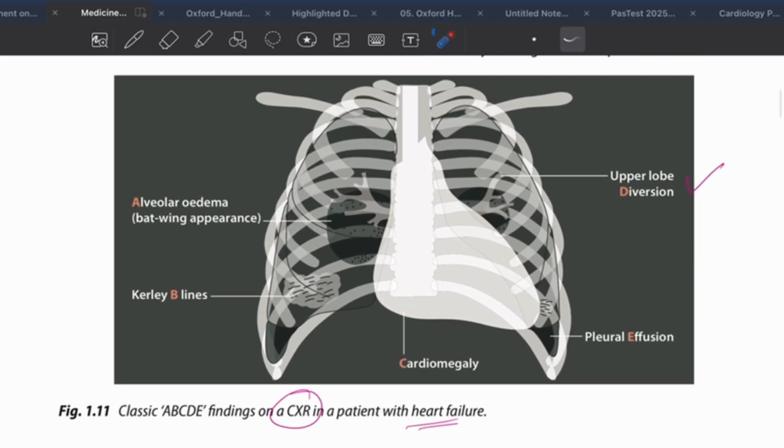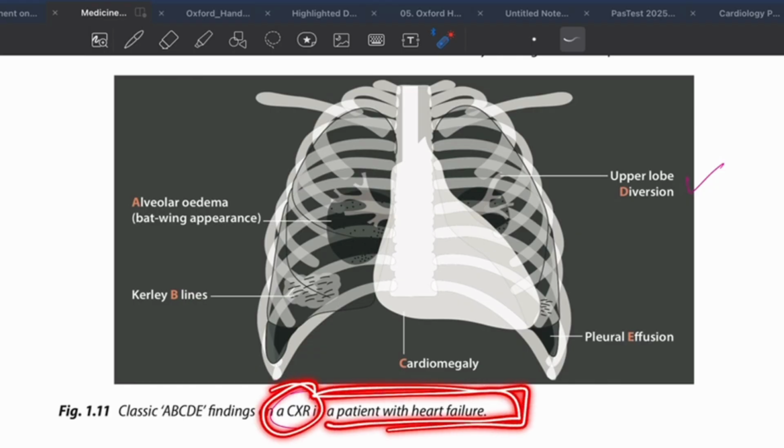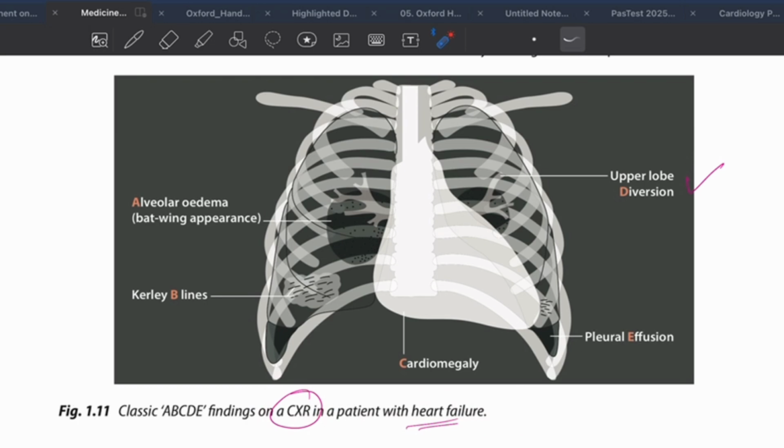And here is an interesting thing, which is the X-ray of a patient with heart failure. If we see the above signs in a patient, we will prescribe a chest X-ray of that patient and we will be able to see the following features. These are bat wing appearance, as you can see here, and there will be curly B lines.